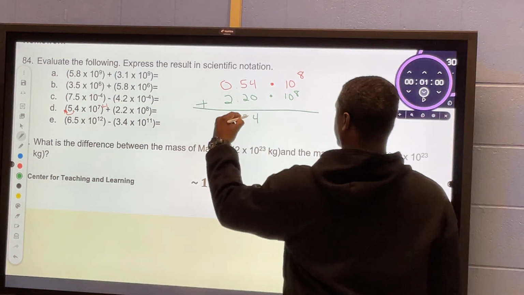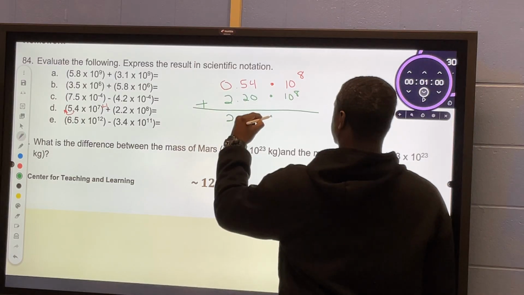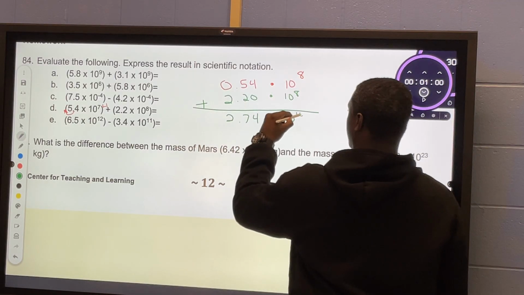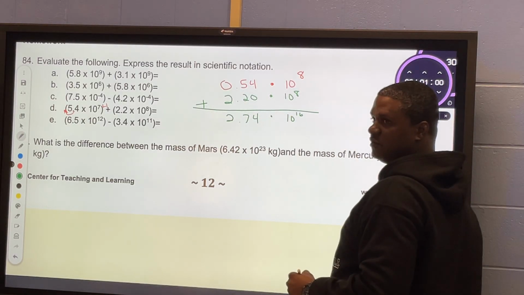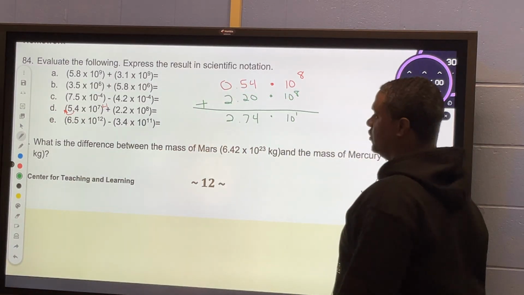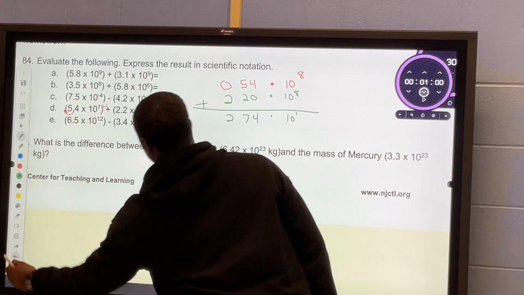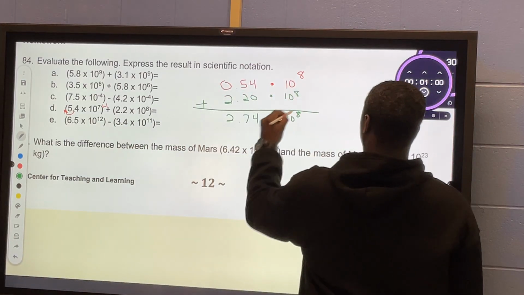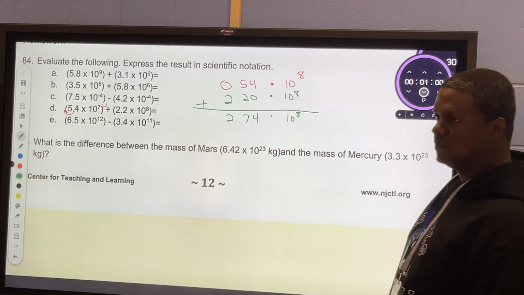So 2.74 times 10 to the 16 power, right? No. You keep the exponents the same. What does the rule say? Keep the exponent at the same power. Don't add them.